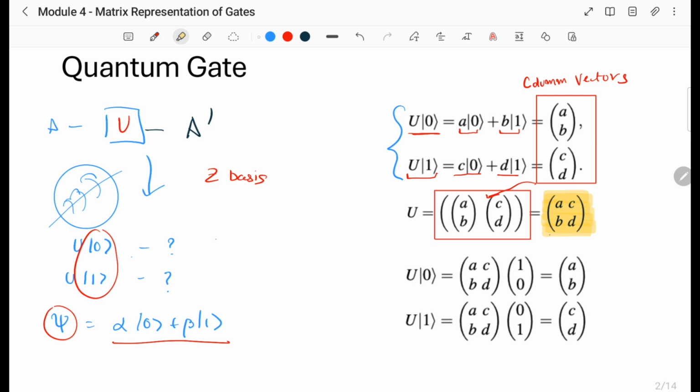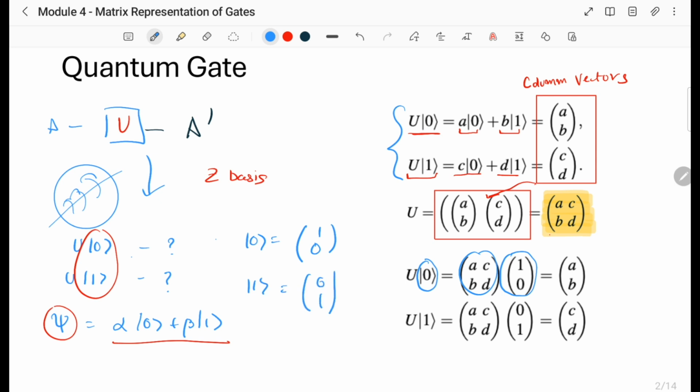And so let's see, if we have the gate, what can we do with it? We can simply obtain what the gate does to a given vector. Let's say, for example, we want to see what the gate does to our state 0. We have the matrix notation of a gate, and we simply do matrix multiplication. 0 is represented as a column vector like this, and 1 as a column vector as this.